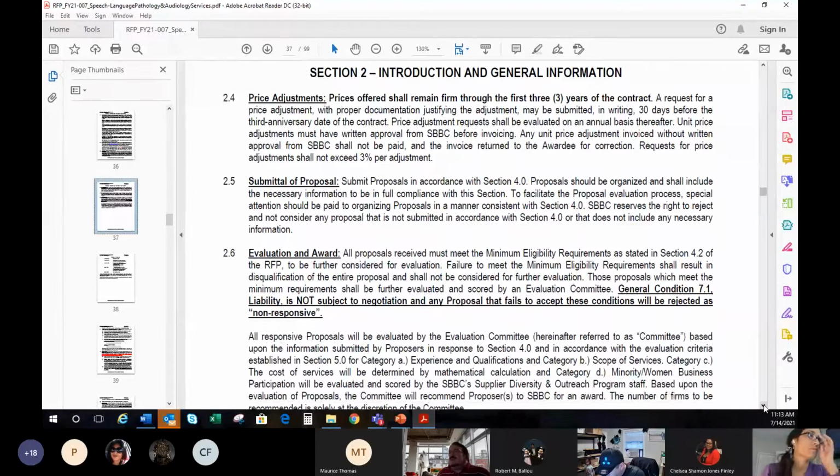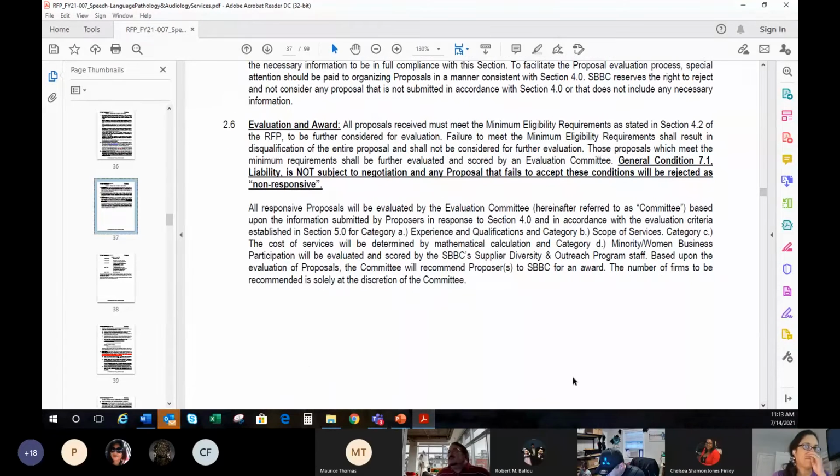2.6 is the evaluation and award. Basically, all proposals received must meet the minimum eligibility requirements as stated in section 4.2 of the RFP to be further considered for evaluation. Failure to meet the minimum eligibility requirements shall result in disqualification of the entire proposal and shall not be considered for further evaluation.